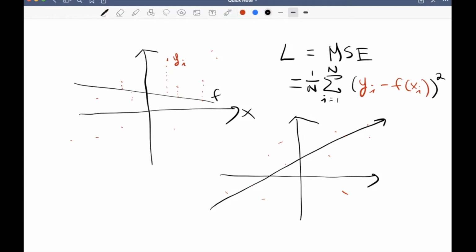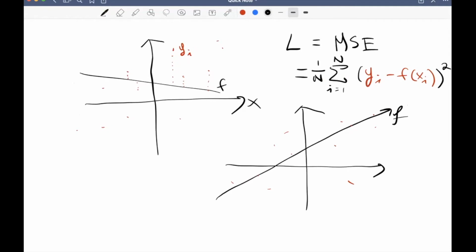So really, the problem we're trying to solve is, can we find a good f such that L is minimized? Or you could say min L over the parameters. For here, f could be mx plus b, but you could also say wx plus b.